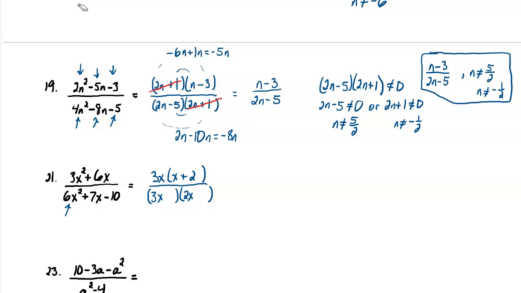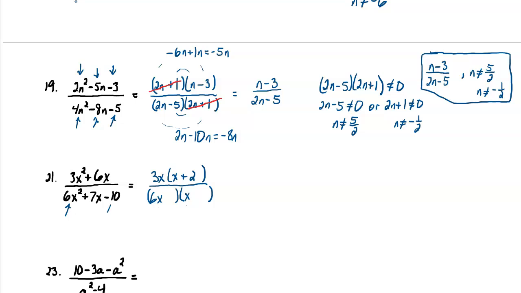Now, thinking ahead, if something's going to cancel out with the red slash marks, then there has to be matching factors top and bottom. If I start it with 3x and 2x, it's not going to end up making anything that's going to match the top. That could happen, but it's more likely that the textbook authors wrote a problem that actually will have some canceling. So I'm thinking that their intention is for me to factor it using 6x times 1x.